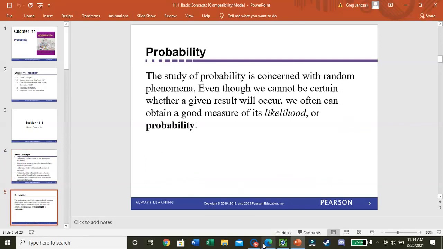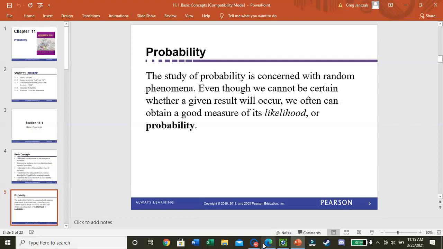Okay, probability is basically looking at something that's random, a random phenomenon. If you were to go out and pick randomly, as students walk by, maybe ask them, do they live here locally, or do they live in a different state?